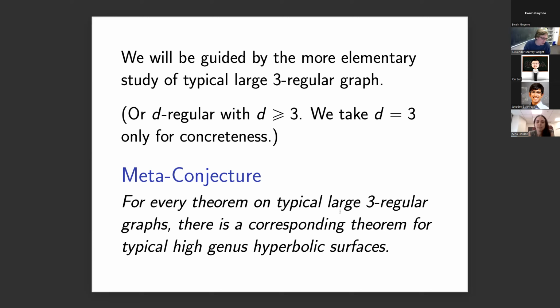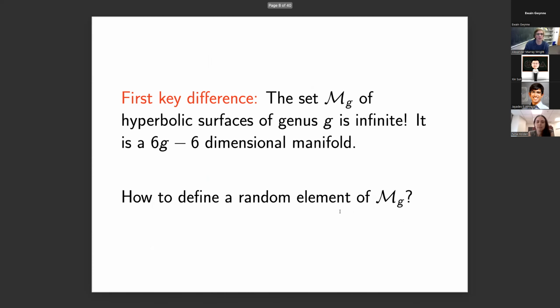And so I want to emphasize that if you're comparing high genus surfaces to work in probability, it's actually best to forget about other models of random surfaces like the Brownian map that has a very different flavor. The closest analogy is really random regular graphs.